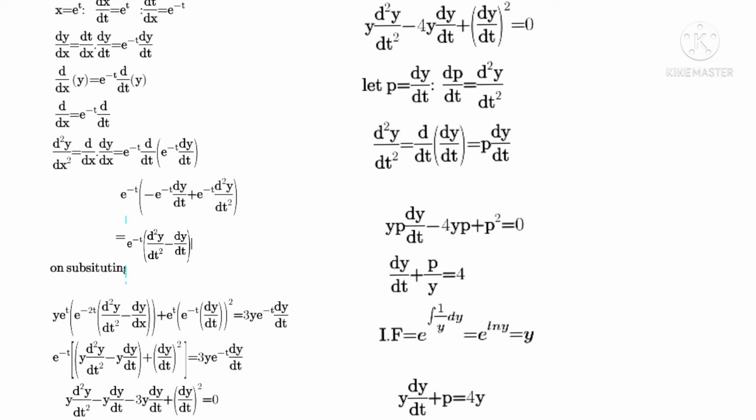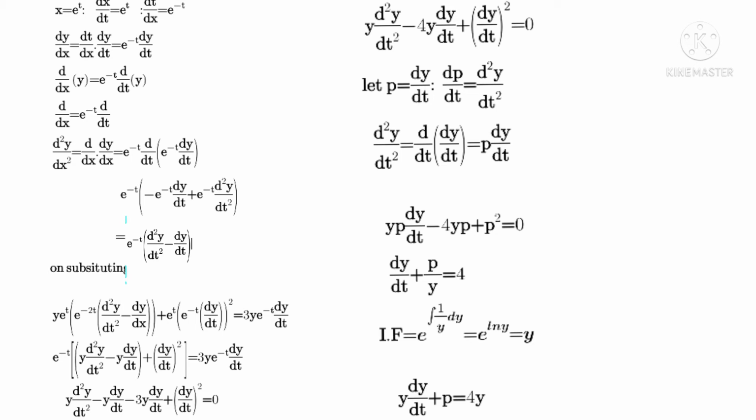Now on simplifying, we bring out our y to be d squared y/dt squared minus 4y. Where is the minus 4y coming from? We bring in the 3y e raised to power minus t. Then we have it to be minus y minus 3, that's minus 4. So we have our expression to be that.